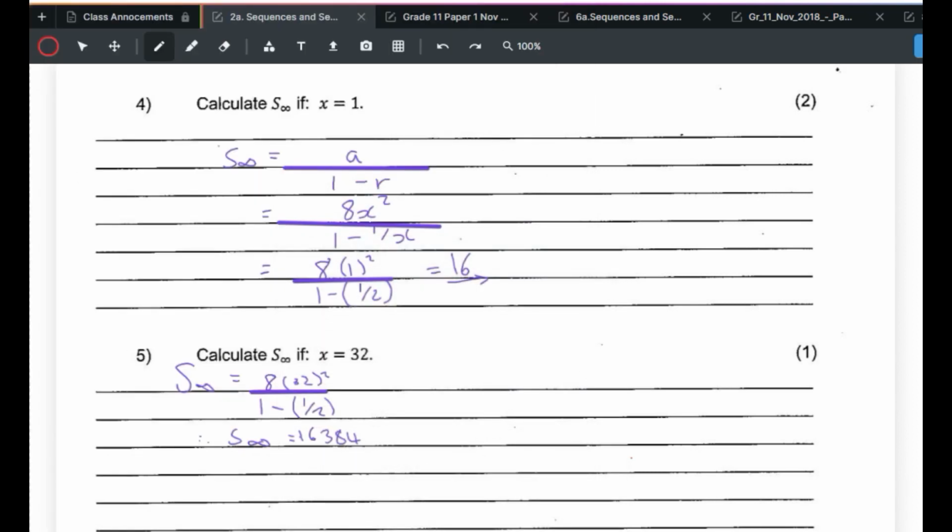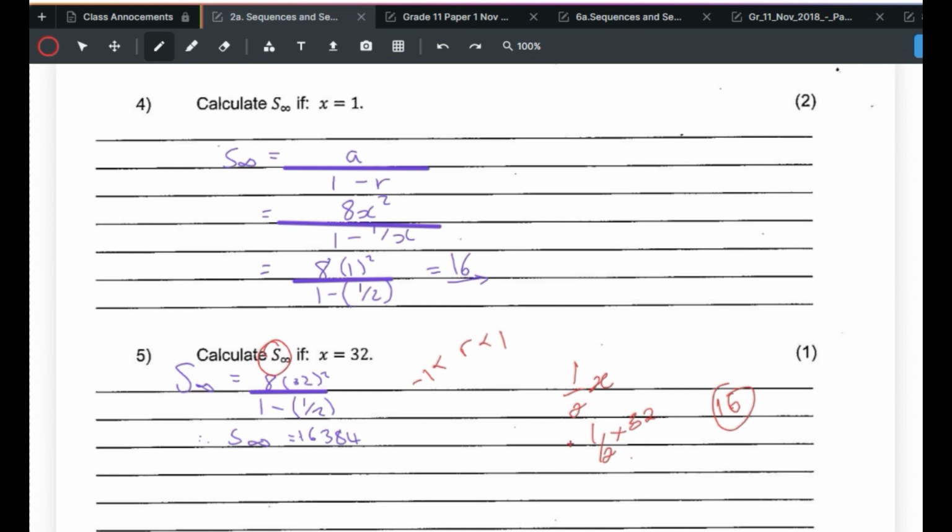It is 1 over 2x, so it is 1 over 2 times 32, which is 16. I remember for sum to infinity, it also has to converge. It has to always be between -1 and 1 for you to use sum to infinity. So if you're getting r as 16, that doesn't make sense. There's no way you can get the answer.